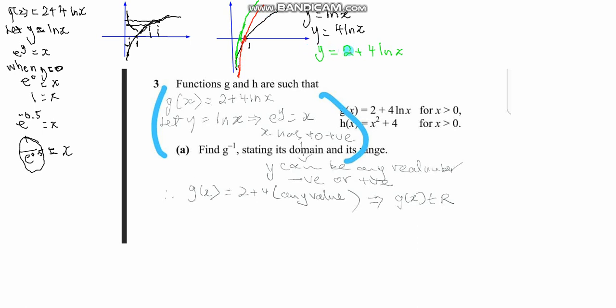So this is the final graph which represents y equal to 2 plus 4 log x. Before I put in the constant 2, the x-intercept was at y equal to 0, x equal to 1. So if you shift this whole thing up, then the x-intercept is not at x equal to 1, but somewhere between 0 and 1 for the x value. So you're aware of this now.